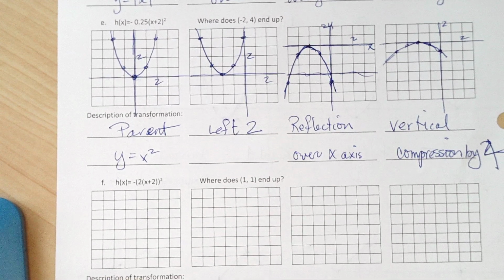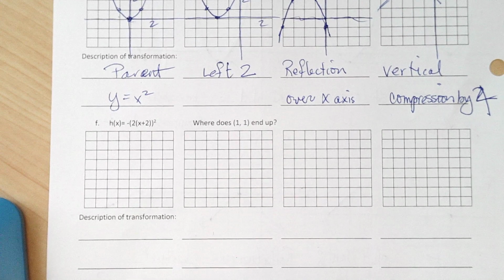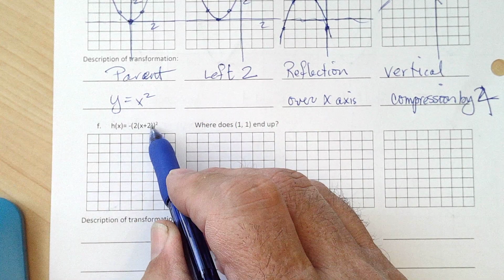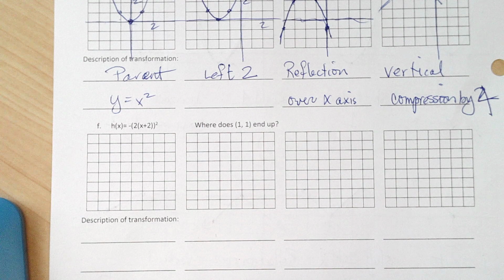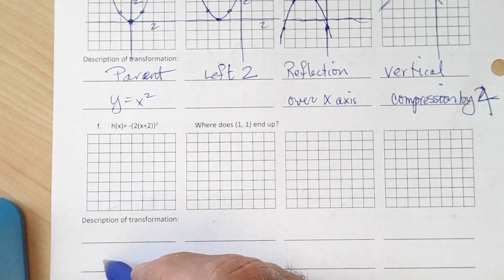And finally, this one. I put some parentheses in here to change the order that the operations would work. Now, some of you could distribute the 2, but you would be doing a different set of transformations. Ends up the same place, but I wanted you to do this one. So it looks like the parent y equals x squared.